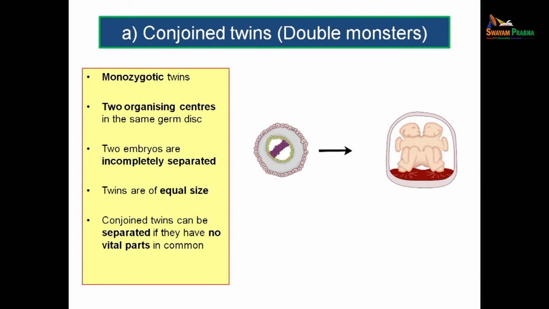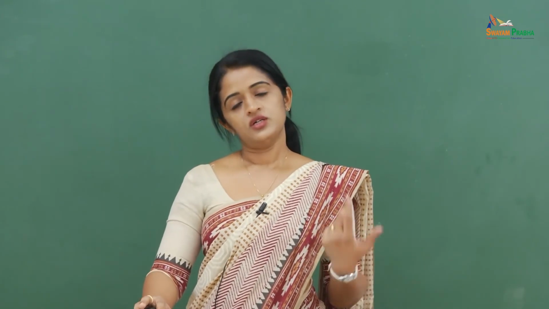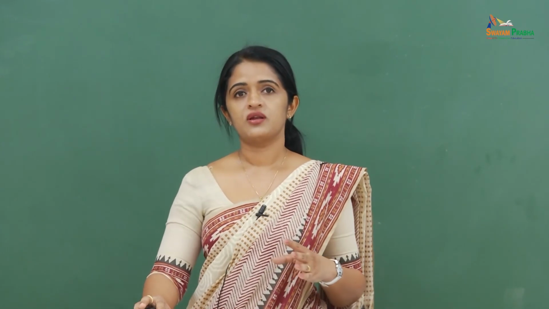So, if they are born with fused body parts, if they are not having the vital parts shared, we can separate them and they will be growing as two individuals. But if they are having the vital parts shared, it is difficult to separate the fetuses or the newborns. So, let us see the different patterns of fusion.